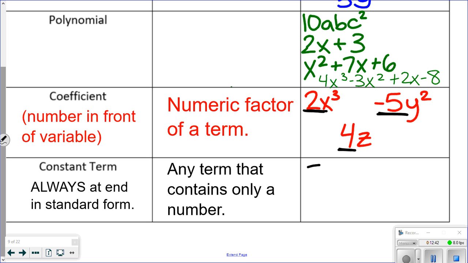So like -8, 7, 11, -5.6, etc. Any number by itself. All right.